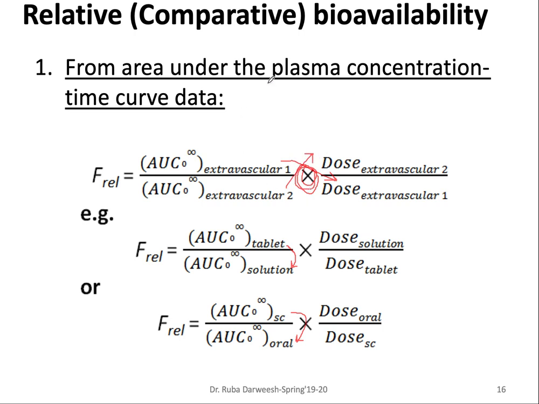The only difference from the absolute bioavailability is that we are not using IV as a reference or a standard. We are using a different extravascular dosage form or route of administration.